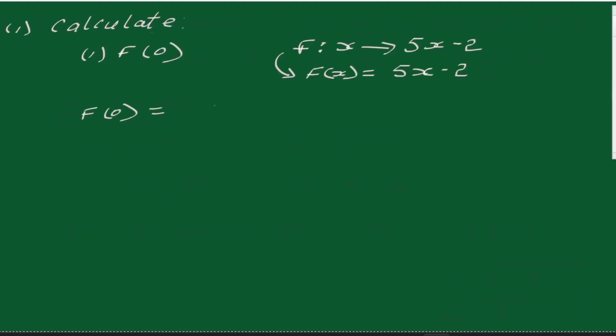All right, looking at the first question, we are asked to calculate the value of f0. We are given the function f is such that x maps onto 5x minus 2. Again, you're going to change this function to the equation format. So f(x) equals 5x minus 2. And we're going to solve this particular equation when the input to the function is 0.